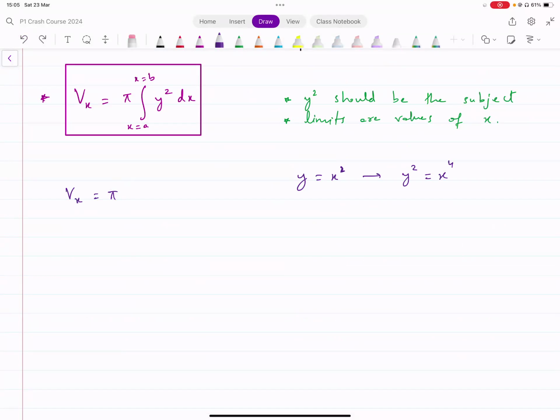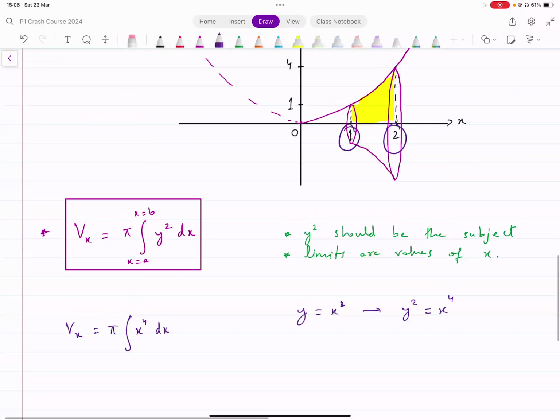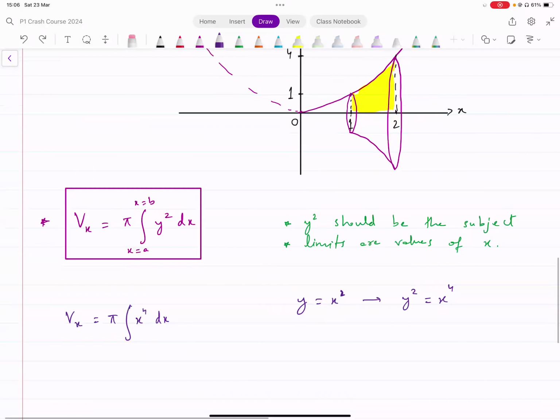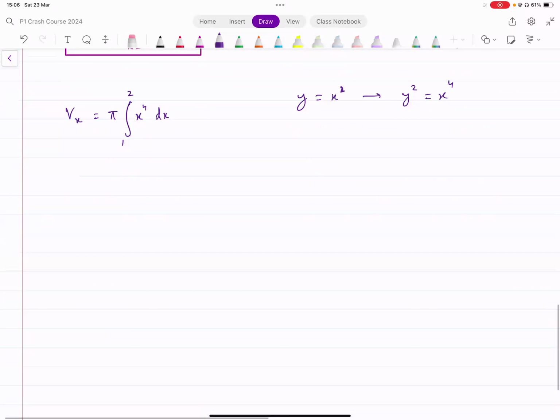I tend to do that quite often. So make sure that you remember to put pi outside the integral. Pi into the integral of y squared, which is x raised to power 4, with respect to x. Limits are from 1 to 2, right? Limits are supposed to be values of x because the rotation is about the x-axis. You just need to evaluate this, and that will give you that volume.